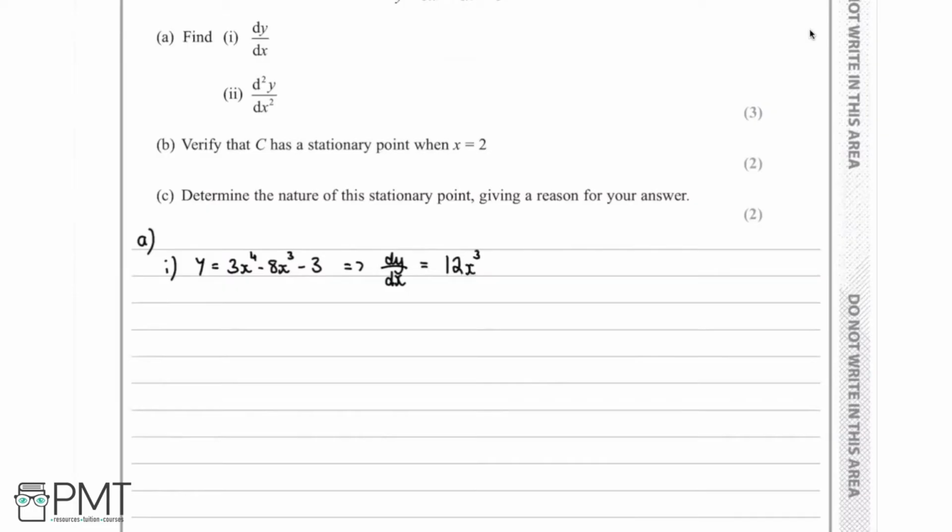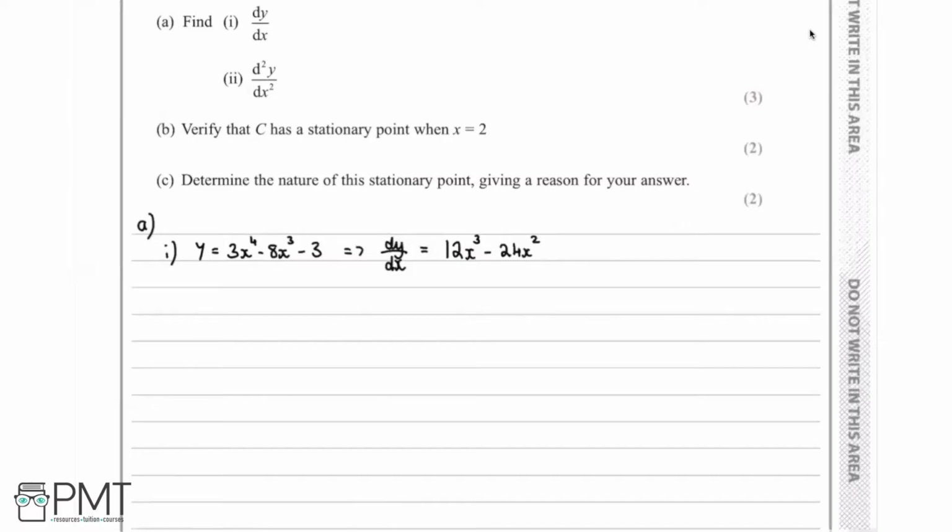Then we do the same for this negative 8x cubed term, which gives us negative 24x squared. And then our final term, negative 3, will differentiate to nothing. So therefore, we have that the derivative dy by dx is equal to 12x cubed minus 24x squared.